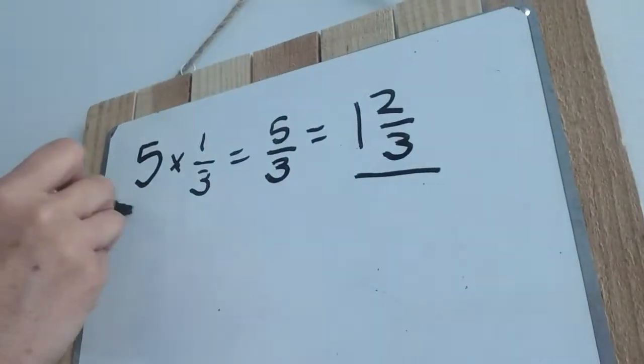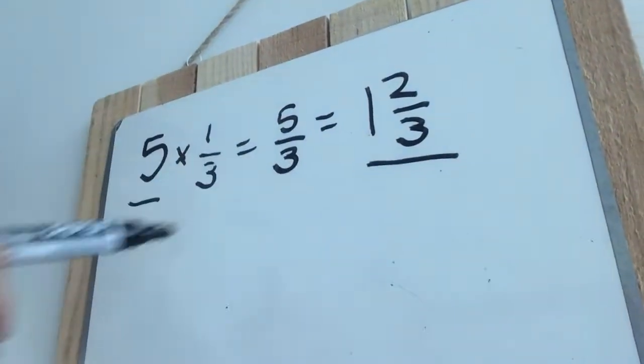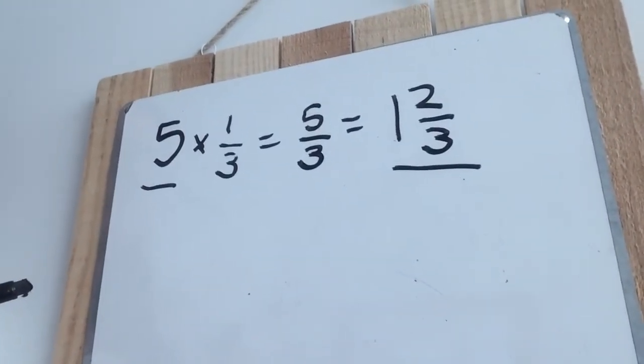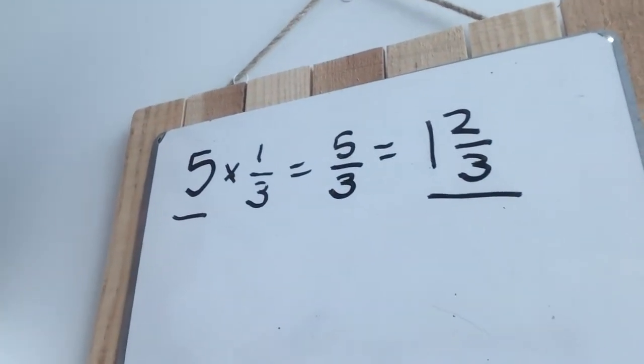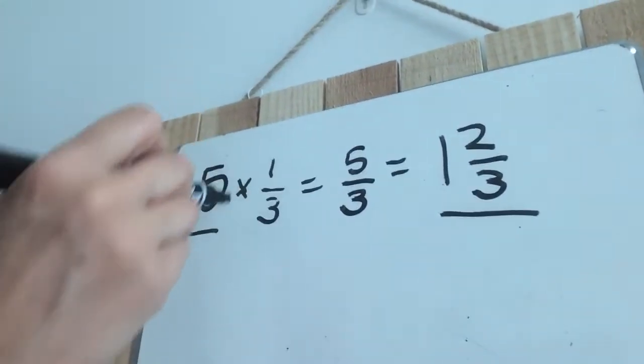So I see that by multiplying my whole number by a fraction that's smaller than 1, I ended up with a number that was smaller. I would do that if I wanted to turn something big into something smaller. I would multiply it by a fraction less than 1.